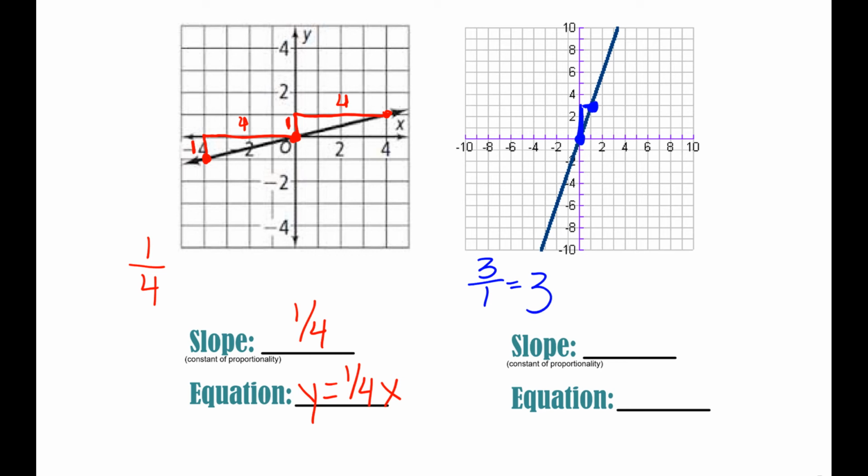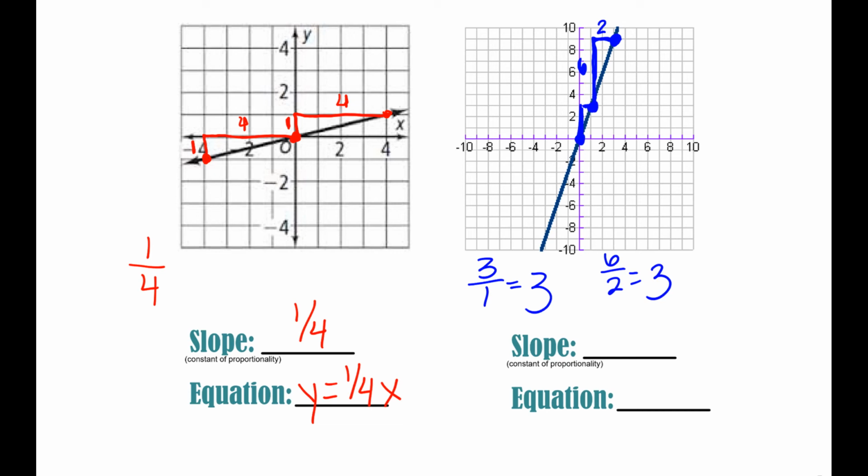Or maybe you chose this point way up here. So if I use these, you can have a much bigger stair. If I'm going from 3 to 9, this would be a change of 6. And this here is going to be a change of 2. 6 over 2, which is 3.